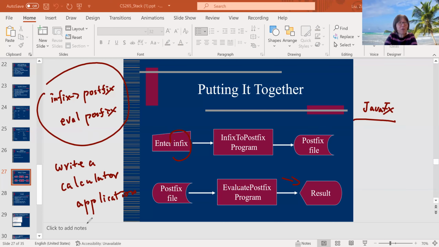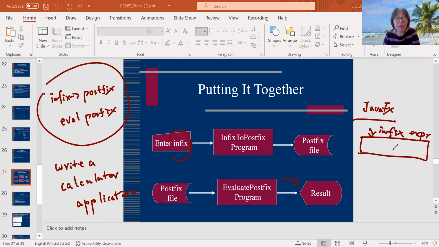So basically, after we learn this, you can write a JavaFX calculator application, okay? And you can try. You can have a text field to take in the infix expression, and then you do the scan and apply the infix to postfix algorithm, and you get the postfix expression.